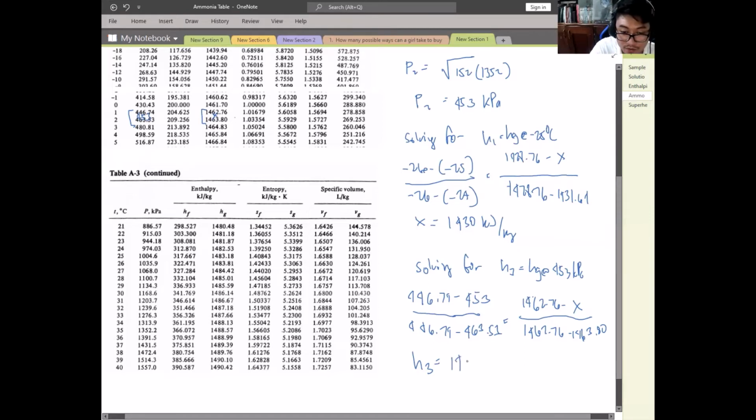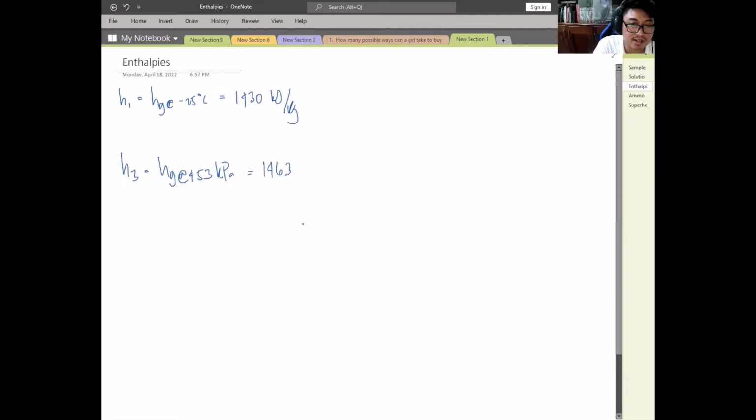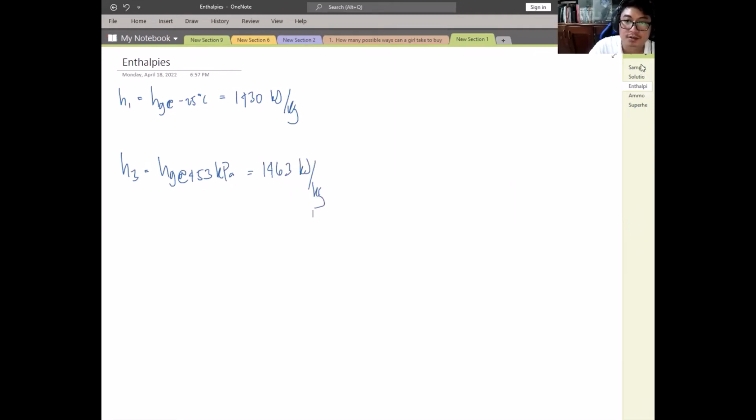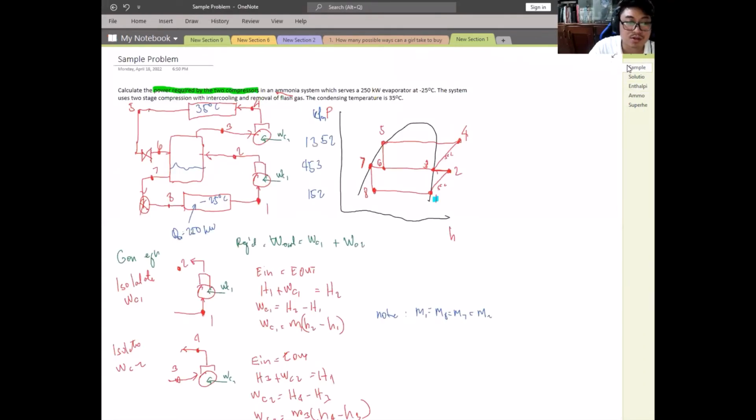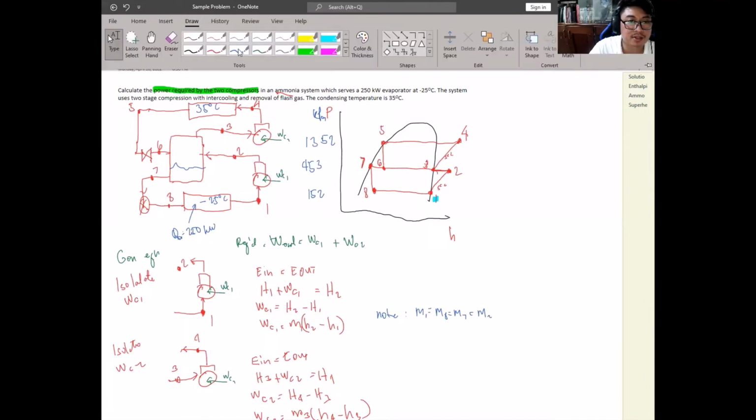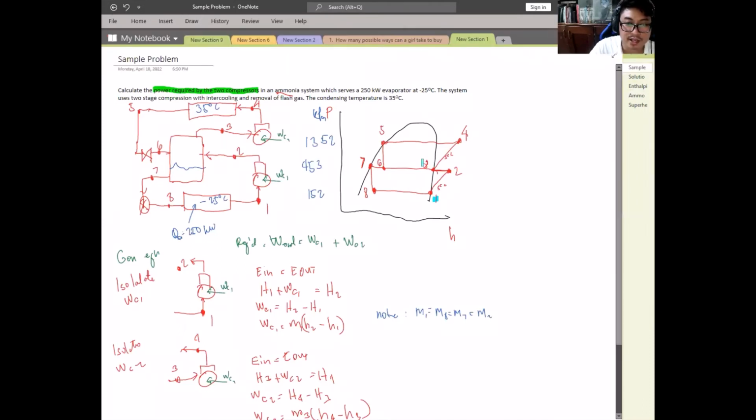Okay, 1463 kilojoule per kilogram. So para ma-check na tama natin interpolation, nasa in between sa 1462 and 1463.80. So sakto naman, 1463. Tama po tayo. So lagyan natin dito sa ating summary of enthalpy. That is 1463 kilojoule per kilogram. Bilugan na natin. Mark na natin si H3.